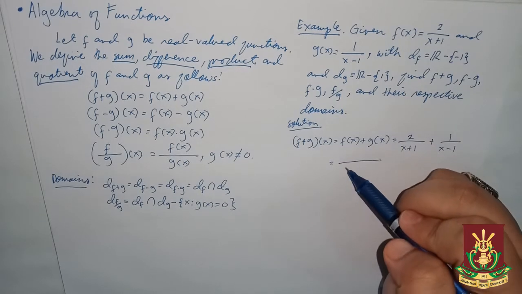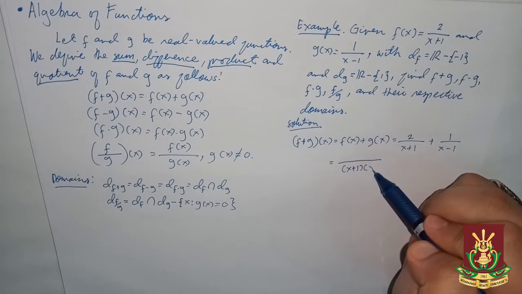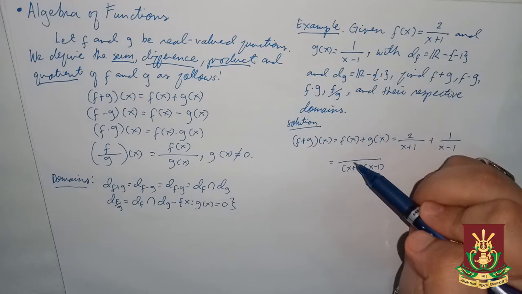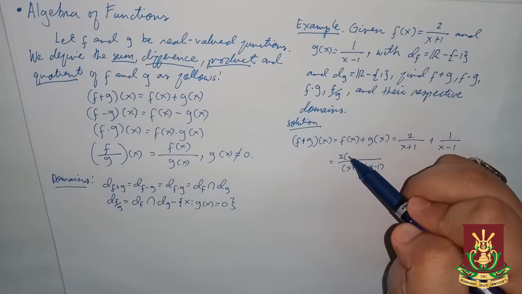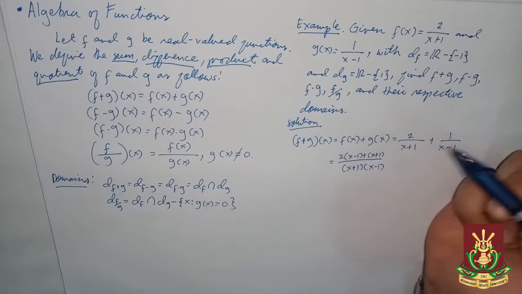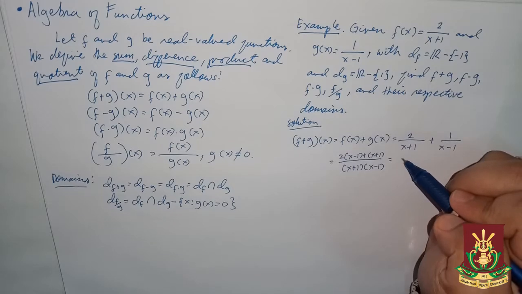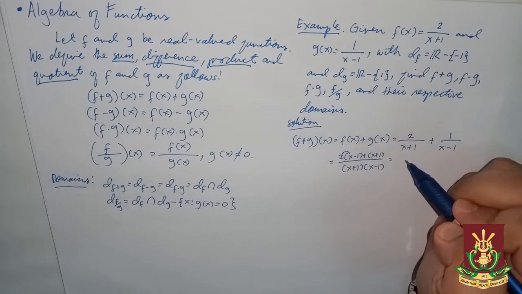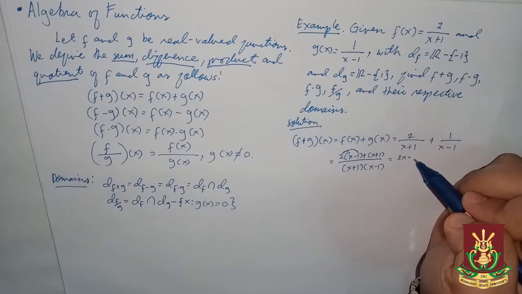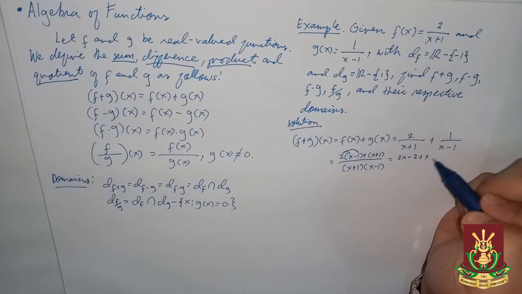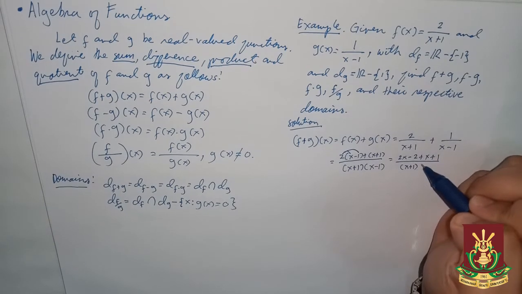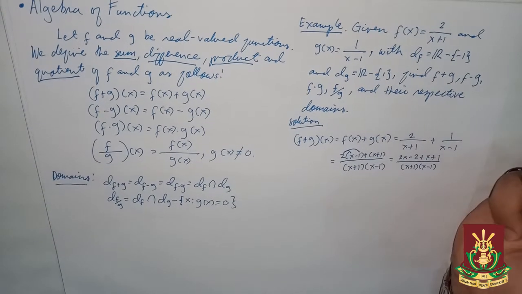In this case, we have x plus 1 times x minus 1. Okay? In the numerator, we would have 2 times the quantity x minus 1 plus the quantity x plus 1. This may be simplified into 2 times x equals 2x, and 2 times -1 equals -2, plus x plus 1 all over the quantity x plus 1 times the quantity x minus 1.